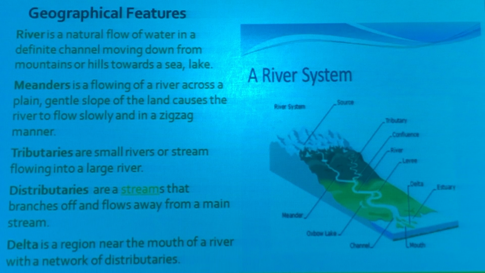Tributaries are small rivers or streams flowing into a large river. Distributaries are the opposite of tributaries. These are streams that branch off and flow away from a main stream. And a delta is a region near the mouth of a river with a network of distributaries.